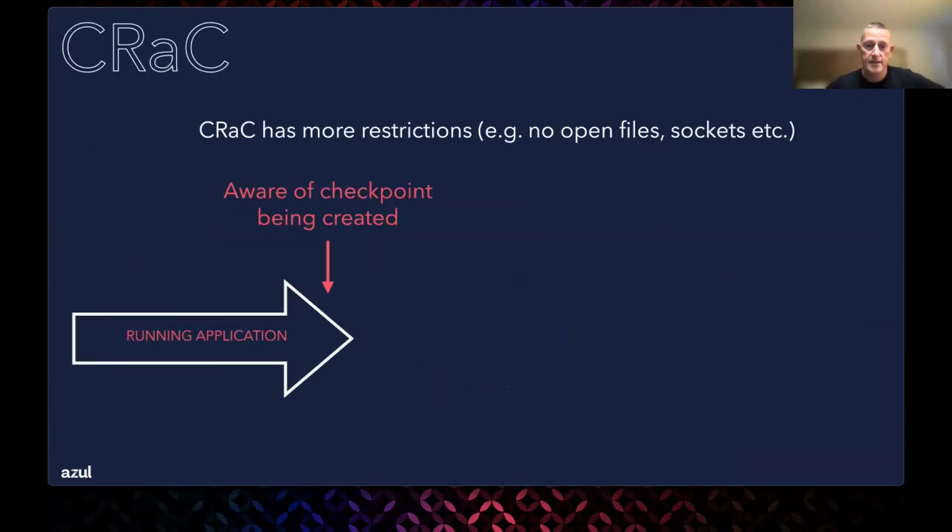And I already mentioned that. So what we have to do, we have to let the application that is running know the point in time when we create the checkpoint to give you as the developer the ability to react on this checkpoint mechanism. So that means you have the application, I tell you, I will now checkpoint your application, then you can take care about closing resources, closing the database connection, and so on.